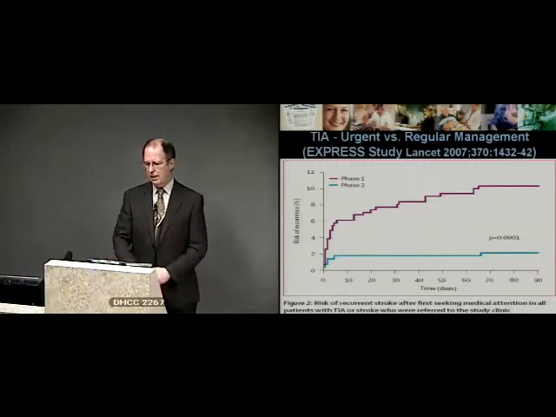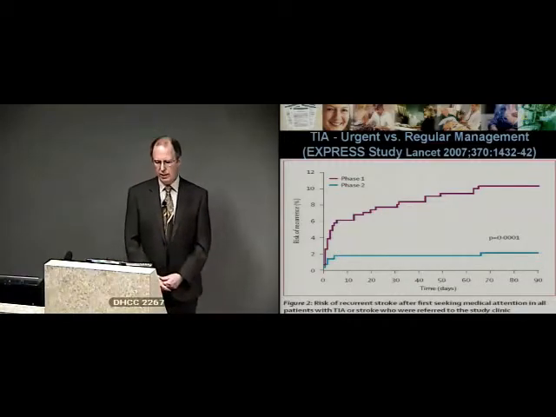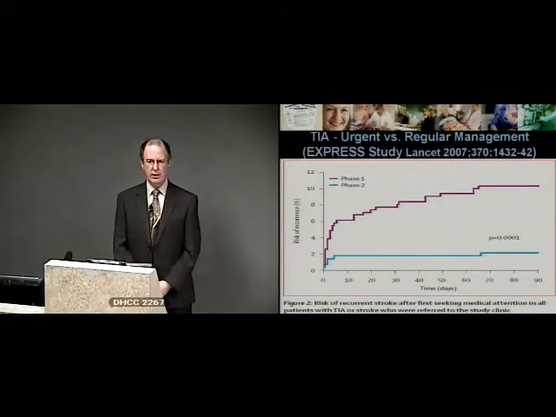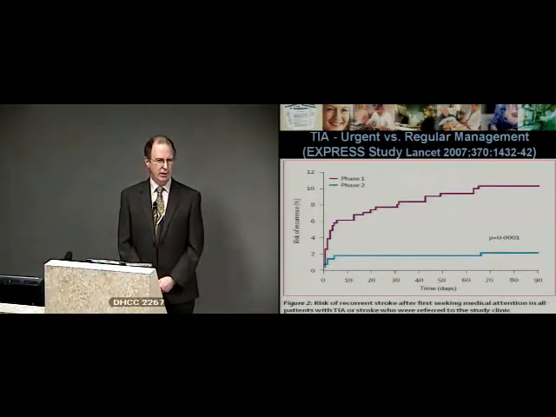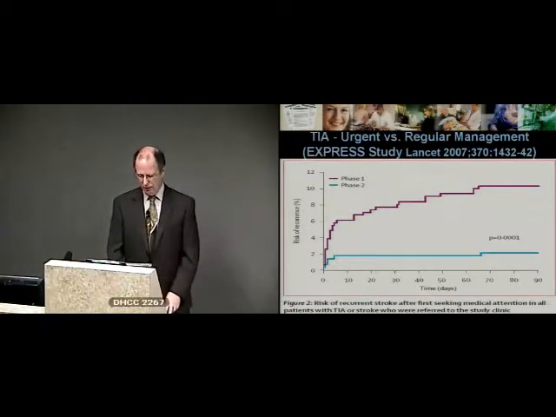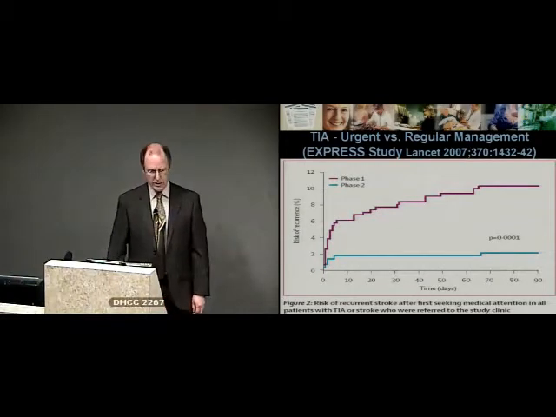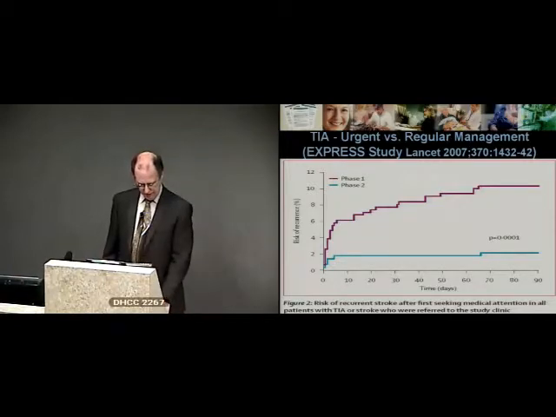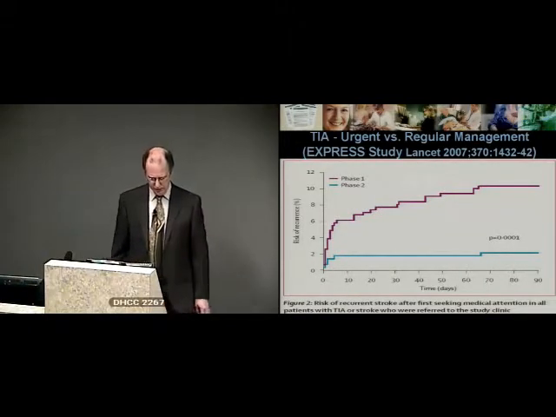And you can see the difference. As you look to the right of the slide at 90 days, the recurrence rate in the usual care group was over 10%. In the urgent care group it was around 2%. That's an 80% reduction, or in absolute terms, an 8% reduction in the risk of stroke. That's a phenomenal result. Not only was there a decrease in disabling strokes of 80%, there was a decrease in hospital admissions, hospital days, and hospital admissions for vascular causes.